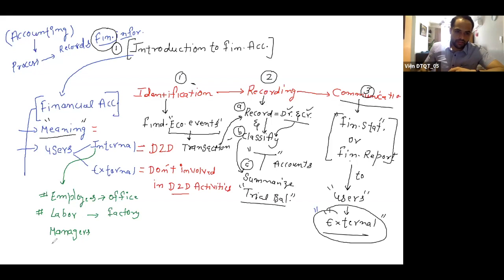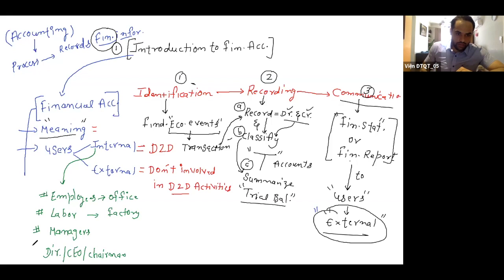And another one is the top managers, could be directors, CEO, president, or chairman. President or vice president of the company, not president or vice president of the country. We are talking about the company, not the country.